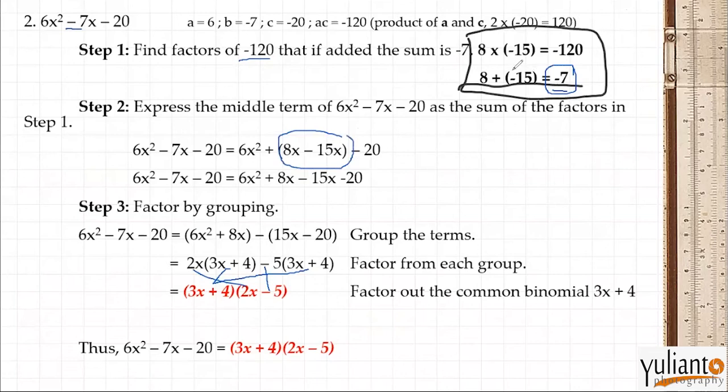So I was looking for factors that if added, the answer is -7. So I end up with 8 and 15. But I need to put a positive multiplied by a negative, and the answer is -120. And then if we add 8 plus -15, the answer is -7. All good? Yes. Thank you.